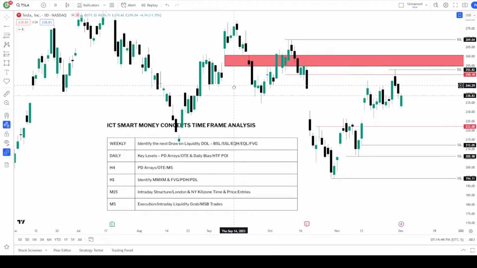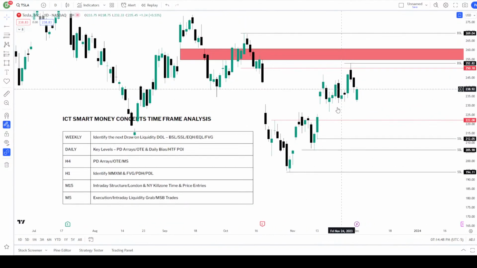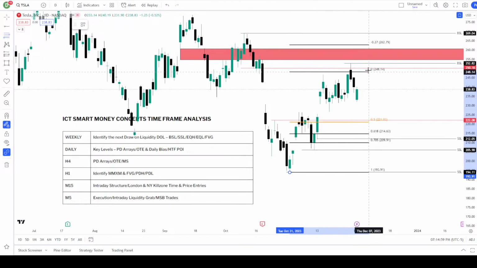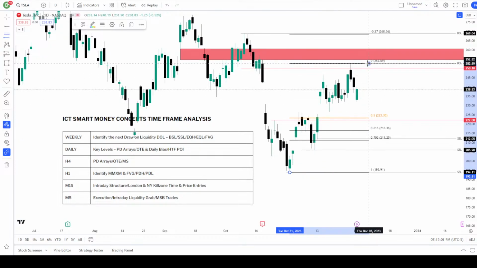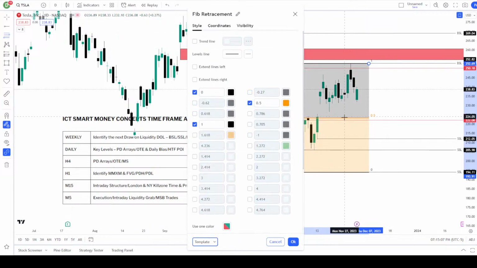So I'm actually going to look at this move here as being our most recent premium discount zone. And I have a Fibonacci setting that's already set to do premium discount. I would suggest you do it just so it's easier to figure out, but you can use a regular fib tool as well. I have mine set to be colored ranges.